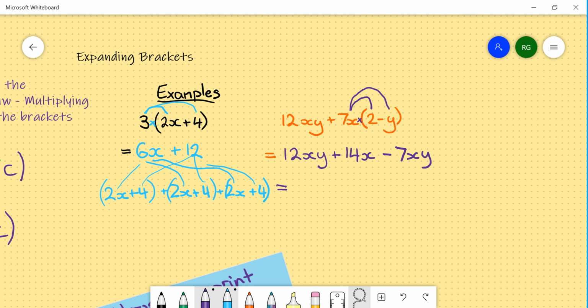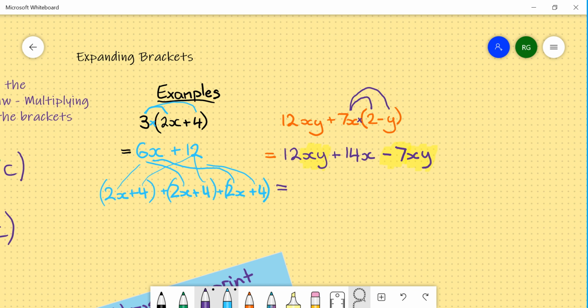Now, according to our work from previous lessons, we can group our like terms, and the only like terms we see here are the xy components. So we can combine them. Now, worth remembering that negative 7xy, the negative is part of this.